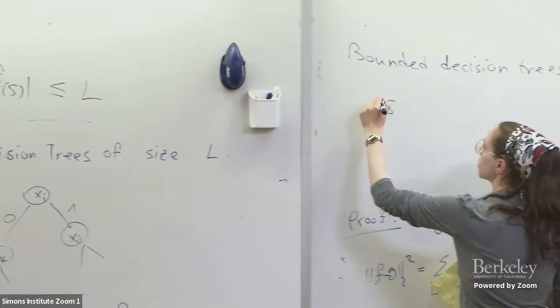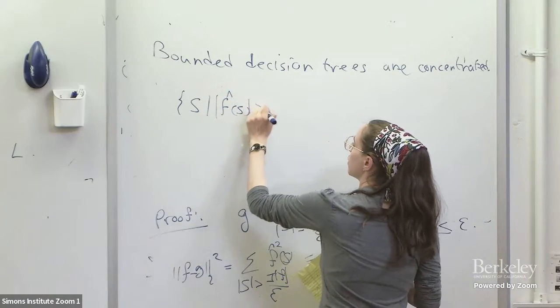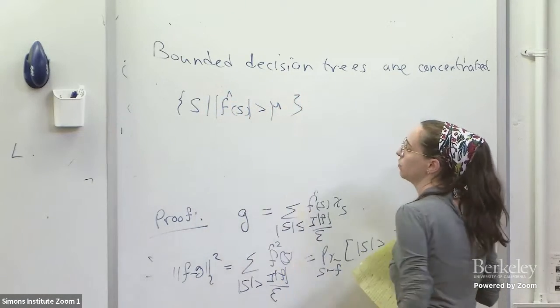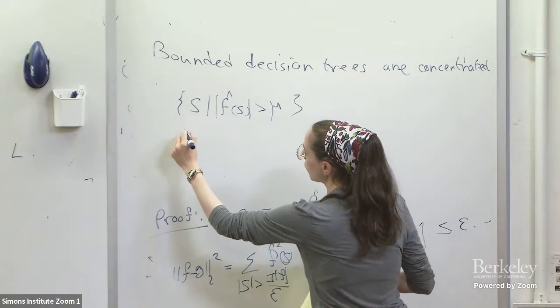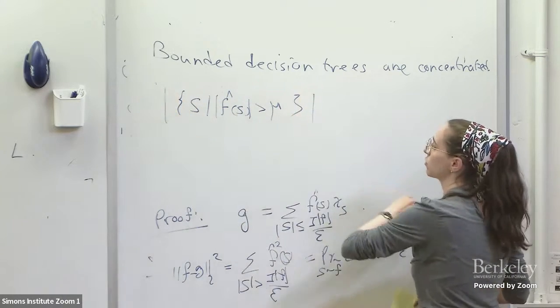Let S be such that the Fourier coefficient of S is at least mu. How many of these can we have?